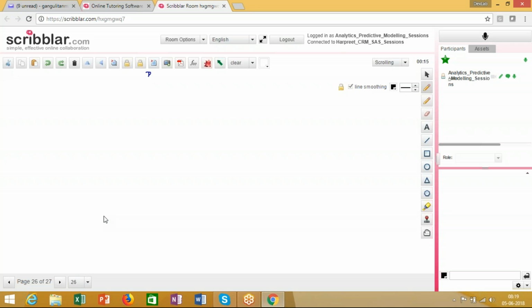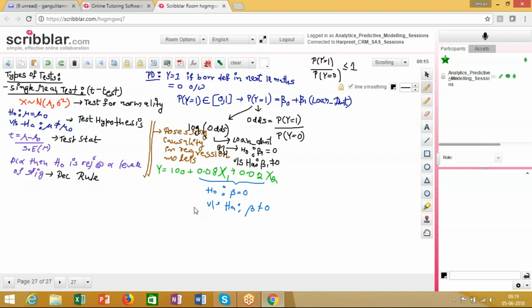Why is it important for us to have the mean difference test and so on? So the next part that we bring over here is the mean difference test.